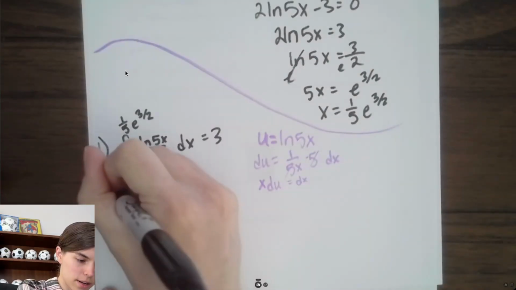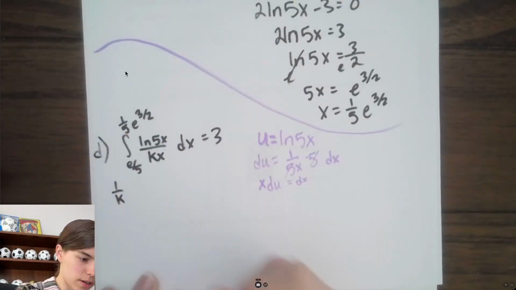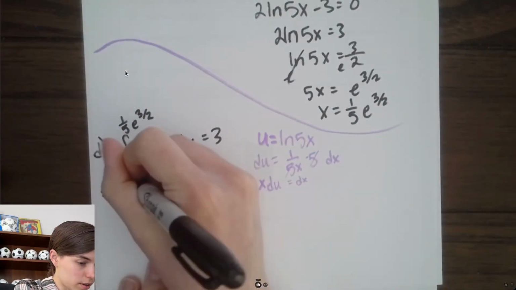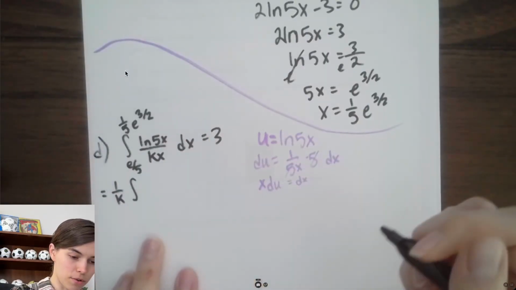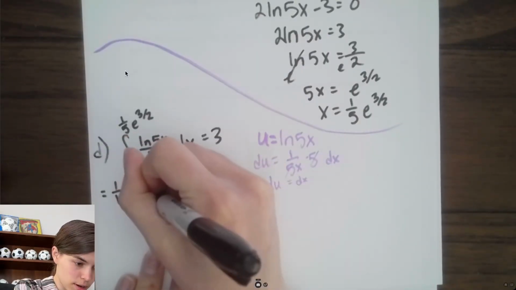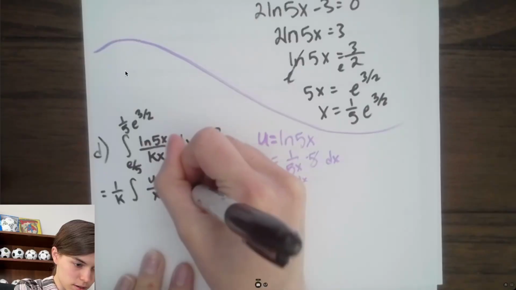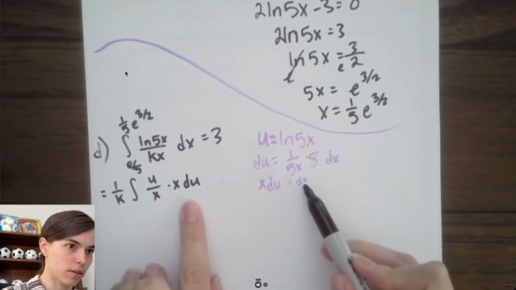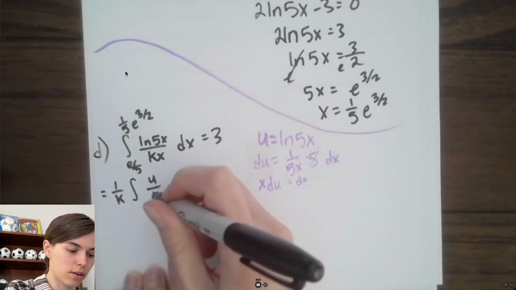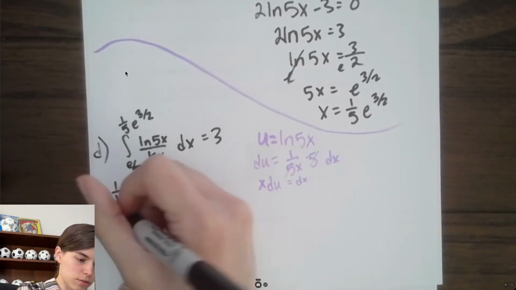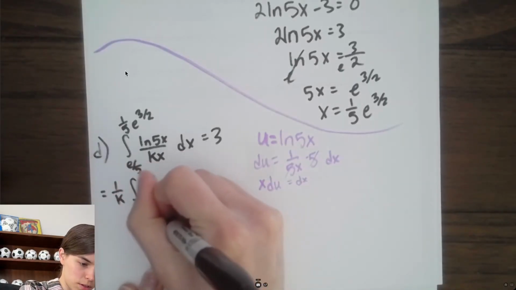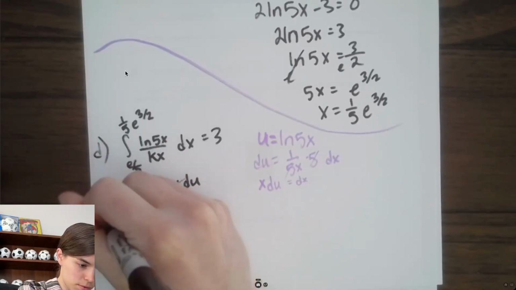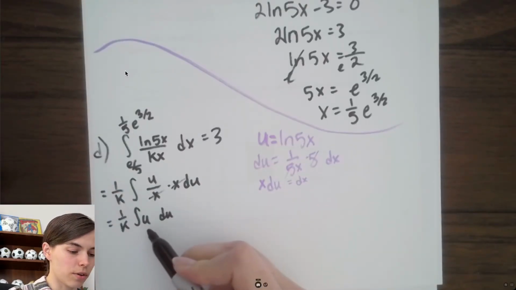Then we will get, I'm going to just take the 1 over k and put it on the outside as a constant multiple. Then we'll get the antiderivative of u over x times x du, because we just substituted in for dx, this guy. And notice these x's cancel each other out, so we're just left with the integral of u du times 1 over k. This is a very easy integral to solve. It's just a power rule.